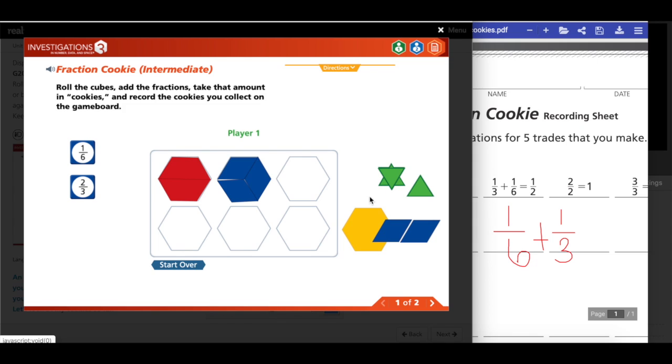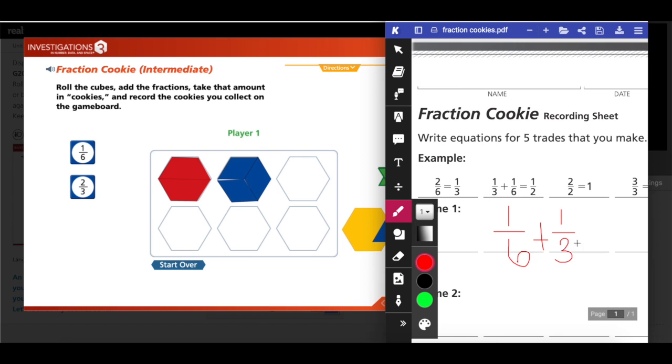The trapezoid, you'd be right. So what I see here, that 1/6 plus 1/3 is equal to one trapezoid, and my trapezoid is equal to 1/2.